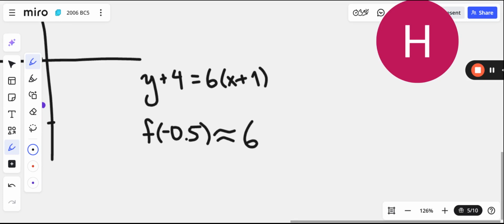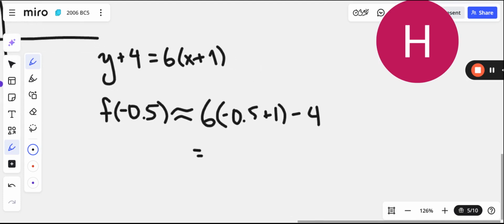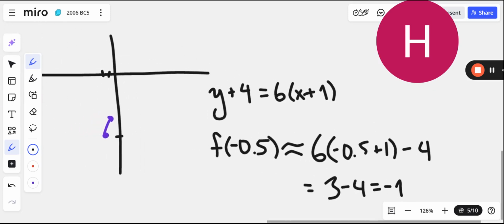This is going to be approximately 6 times (-0.5 plus 1) minus 4, which is equal to half of 6 minus 4, so -1. So this tangent line so far is going to take us to -1.